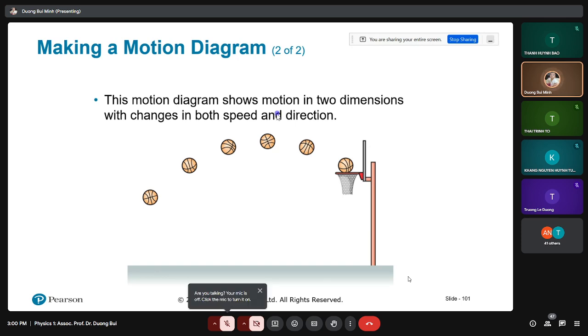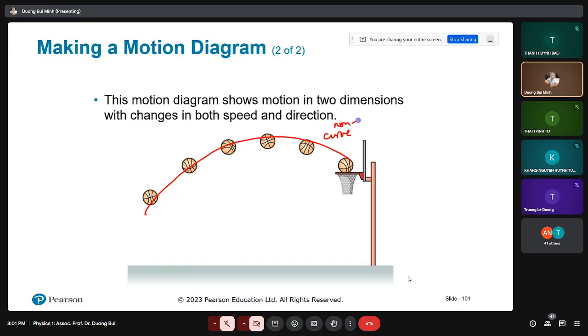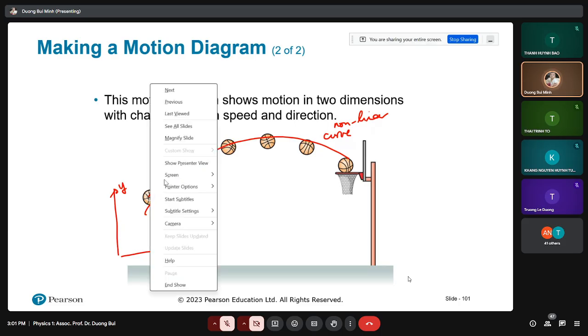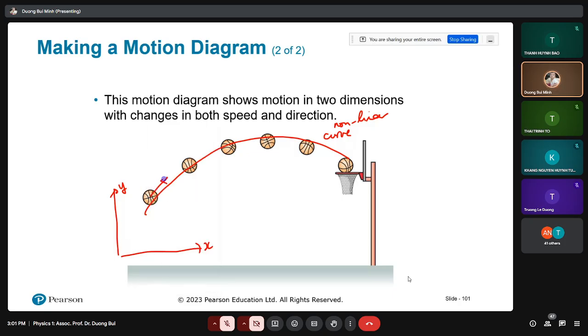Look, we have another motion like this. This is a non-linear curve, so that means we need 2 or more dimensions to indicate the motion. Here we have the y-axis, here we have the x-axis, so you can evaluate the velocity of this pole.